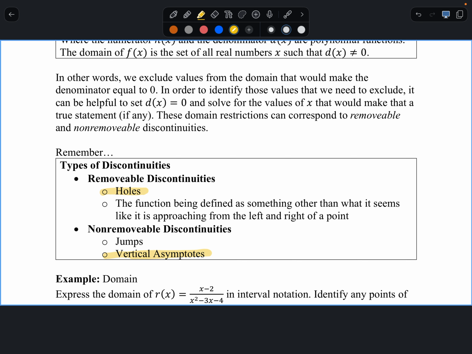Rational functions do not have jumps. The removable discontinuities will manifest as holes. Non-removable discontinuities will manifest as vertical asymptotes. And we're going to look at how to determine, given a function, what type of discontinuity the domain restriction corresponds to.